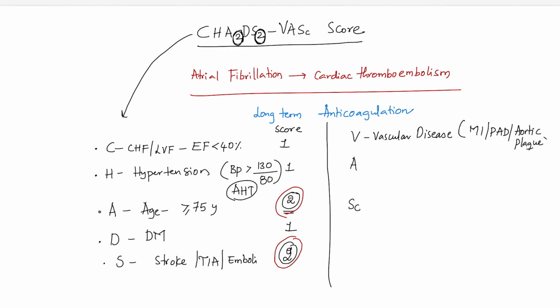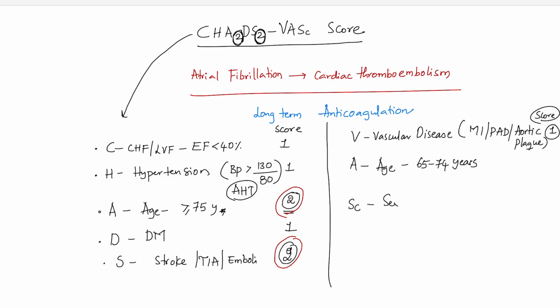If there is any prior history of this, there will be a score of 1. Now next A is again age, but here the age parameter is between 65 to 74 years. So you have to be very careful here. If it is 75, then you have to give a score of 2. If it is between 65 to 74 years, you will give a score of 1.